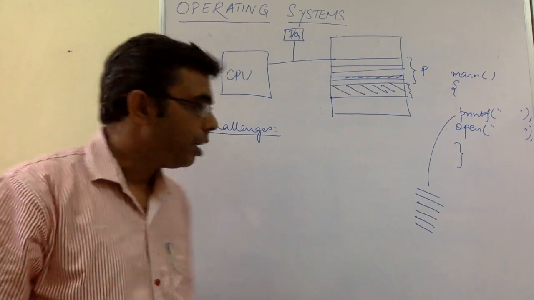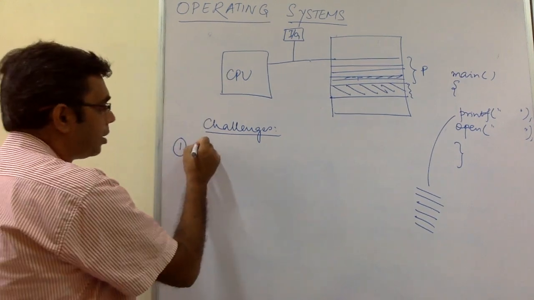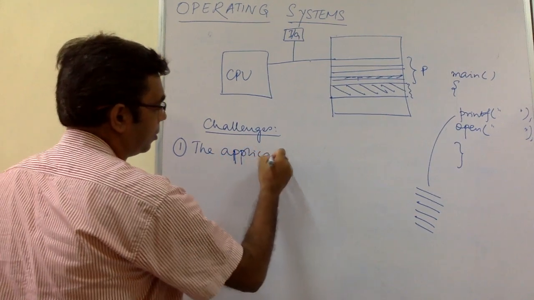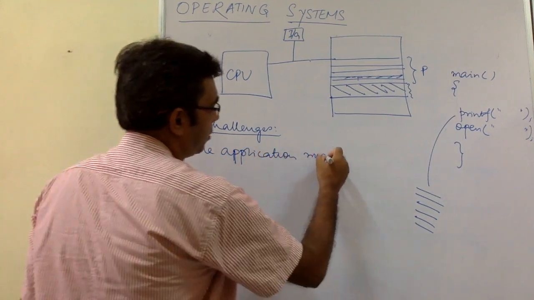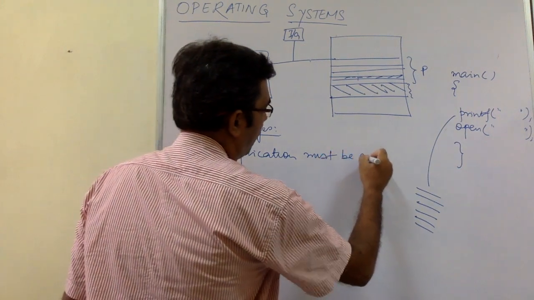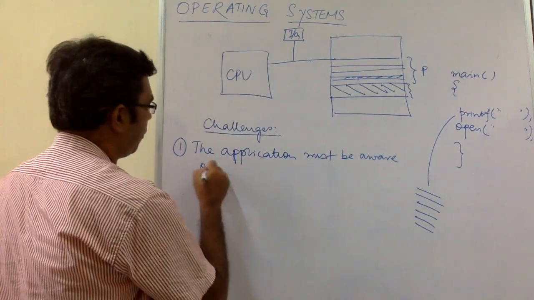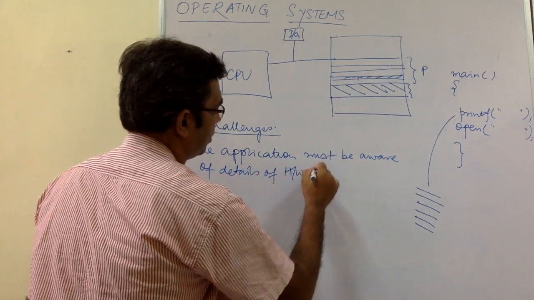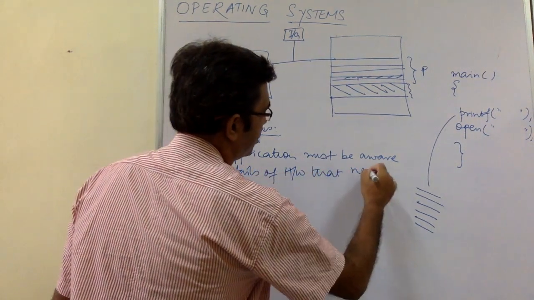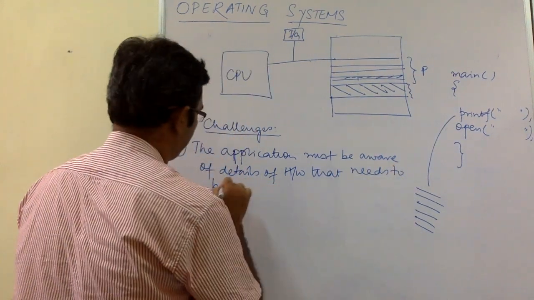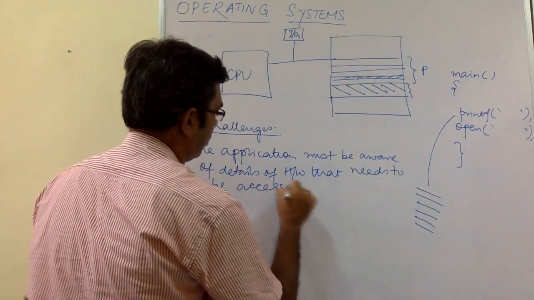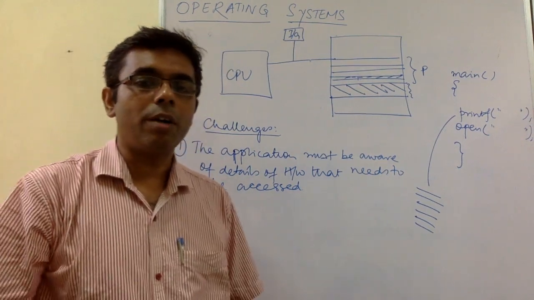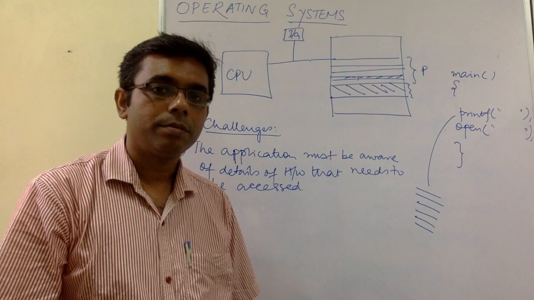What does this mean? It means that the application must be aware of the details of the hardware that needs to be accessed. Isn't it? Until you know the details of that, you cannot write the code for accessing it.